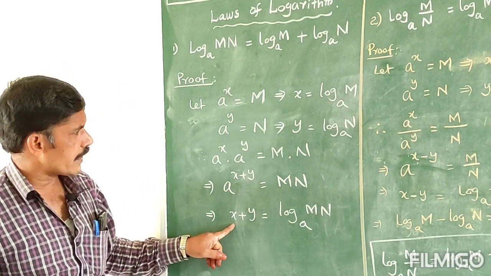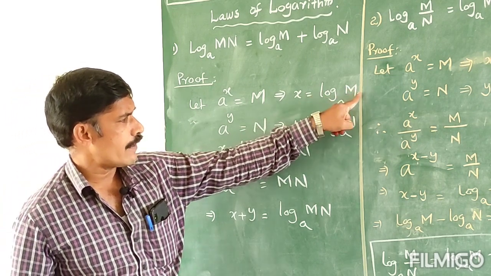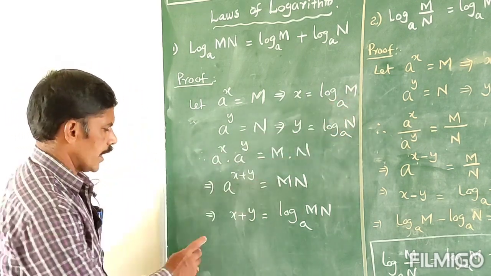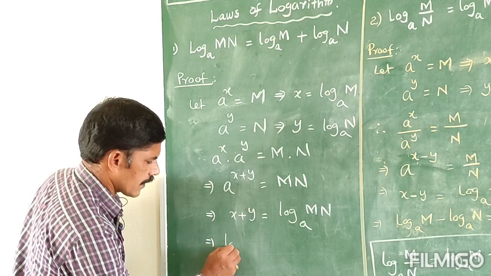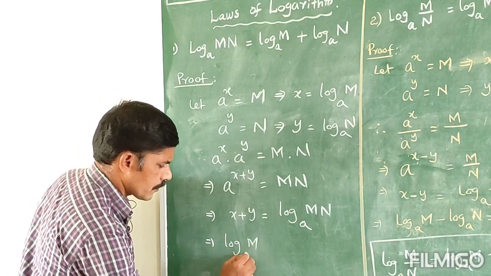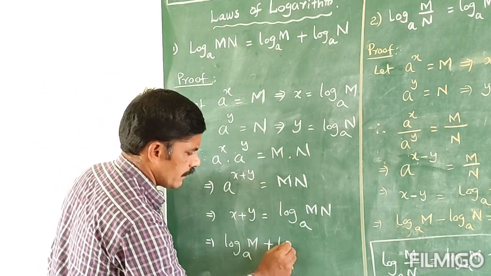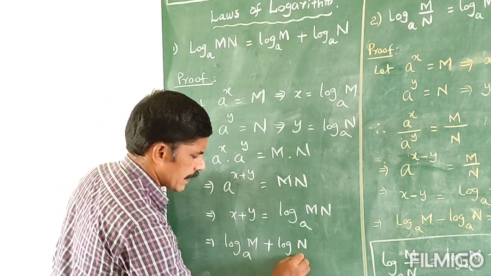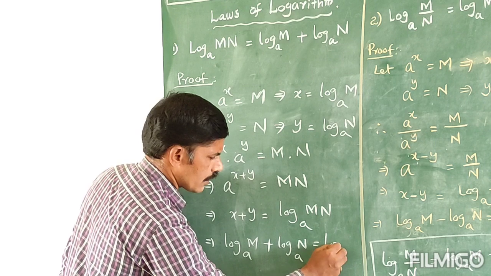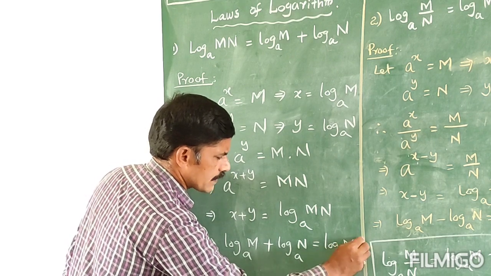What is x actually here? x means logarithm of m to the base a. In place of x, write logarithm of m to the base a plus, what is y? Logarithm of n to the base a. That is equal to logarithm of mn to the base a.